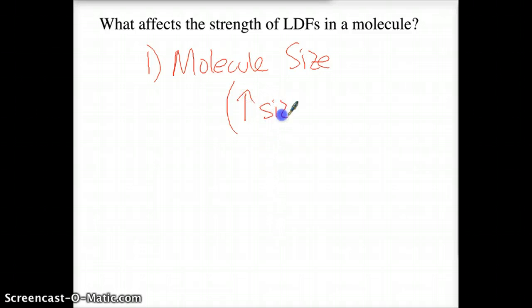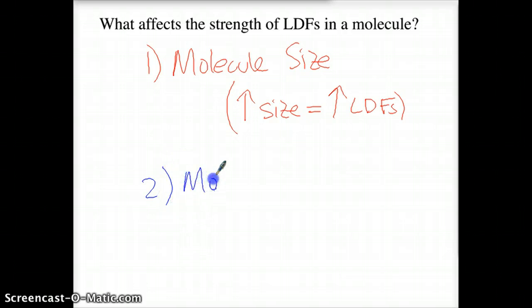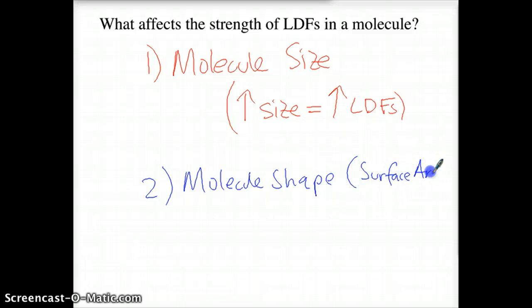So if you increase the size of atoms, you are going to increase the amount of London dispersion forces. Second thing, the molecule shape. Okay? And by shape, I really mean surface area, the amount of space that the electrons have to move around in. If you increase surface area, if you spread out the molecule more, that's going to increase the London dispersion forces.